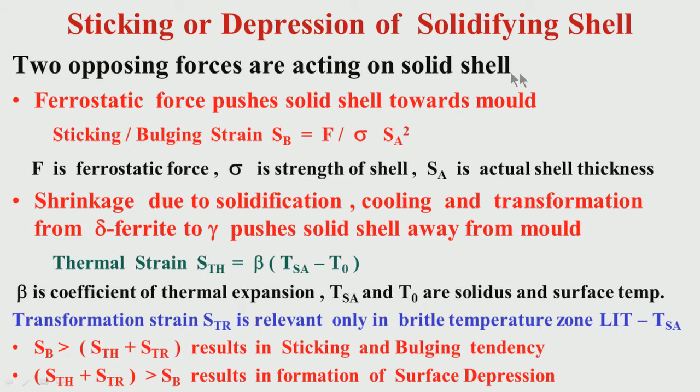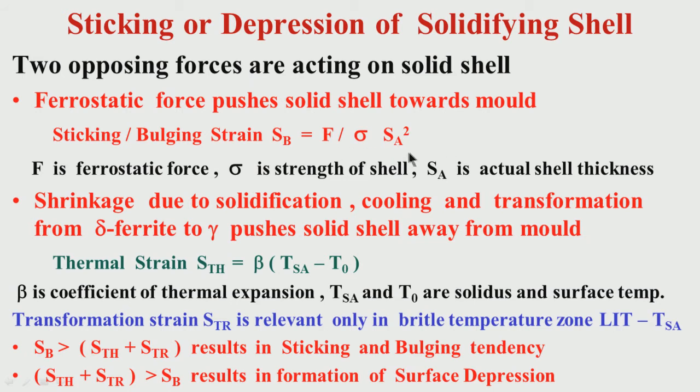Two opposing forces are acting on the solid shell during solidification. One is the ferrostatic force, which is pushing the solid shell towards the mold, away from the liquid. So, this strain I have mentioned, if we call it SB, that means sticking or bulging, is equal to the ferrostatic force divided by sigma, that means the strength of the shell, and the square, not the square root, the square of the actual shell thickness SA.